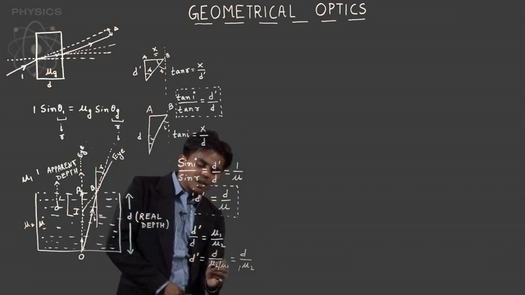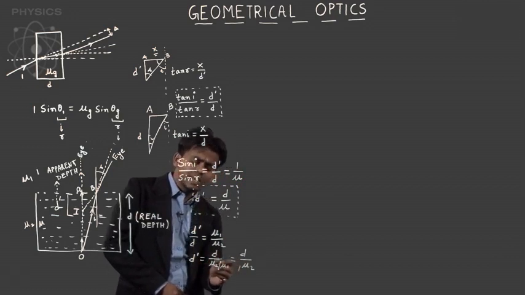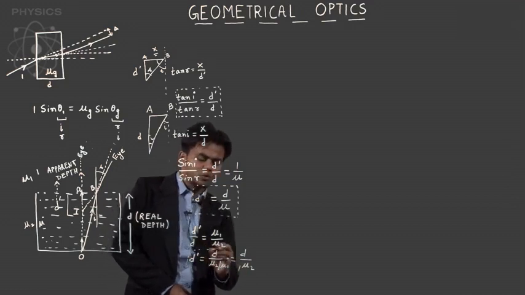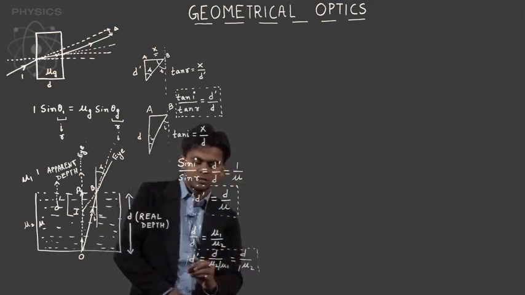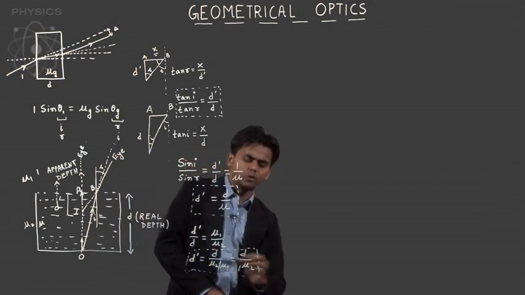This thing is the relative refractive index of the second medium with respect to 1. It's the simple formula of relative refractive index, and this gives you the more general apparent depth formula.